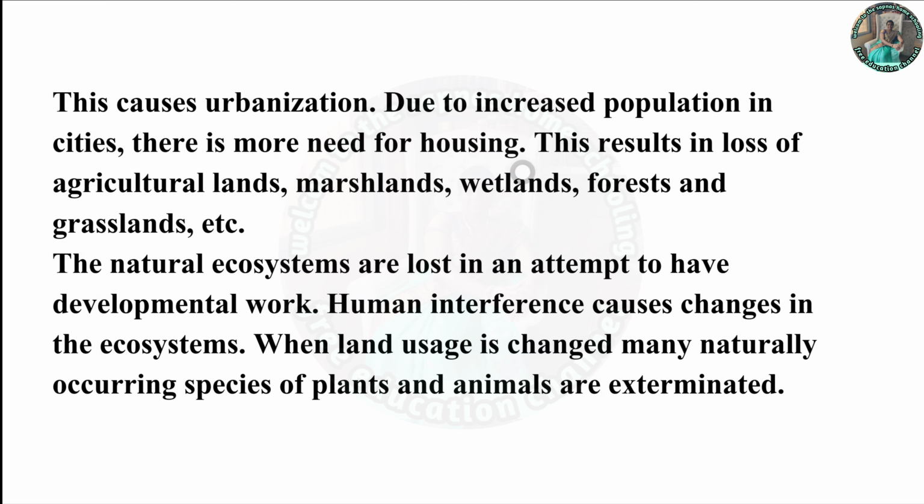There is more need for housing. This results in loss of agricultural lands, marshland, wetlands, forest, greenland, grasslands, etc. The natural ecosystems are lost in an attempt to have development work. Human interference causes changes in the ecosystems. When land usage is changed, many naturally occurring species of plants and animals are exterminated.